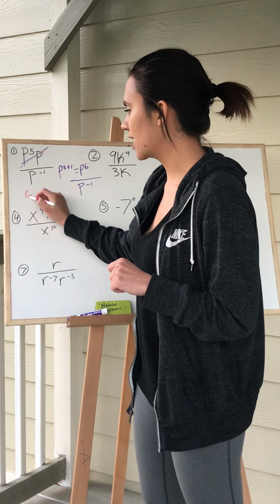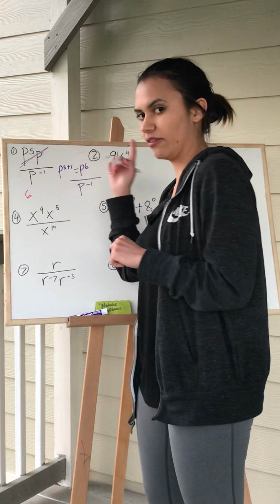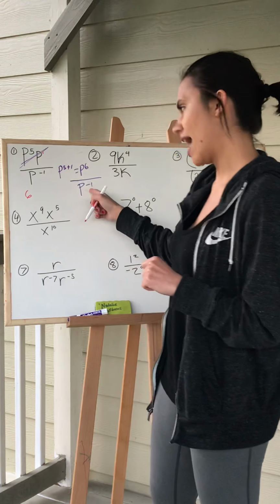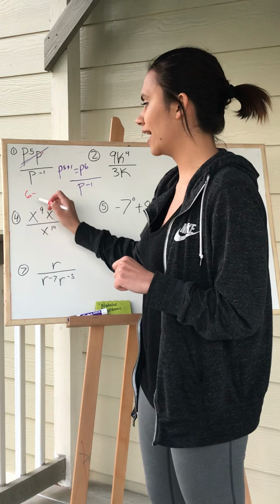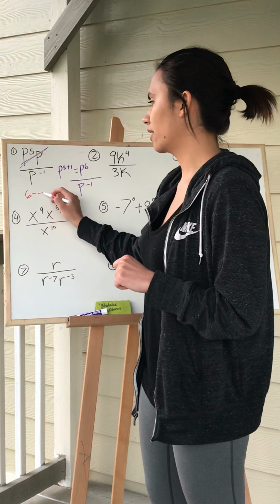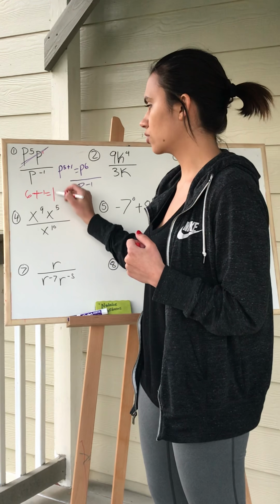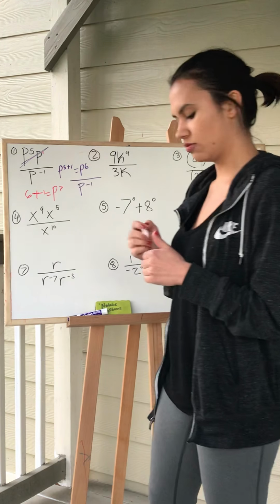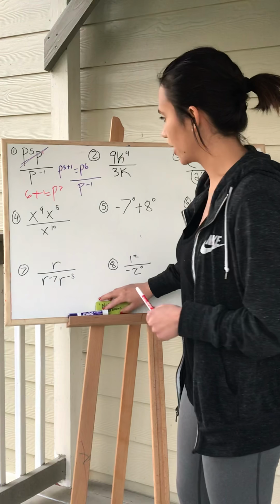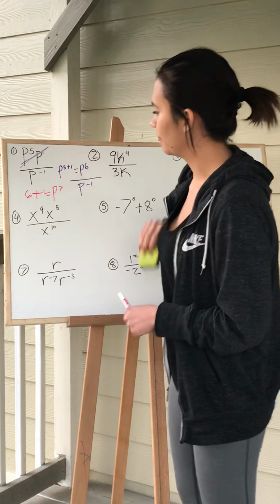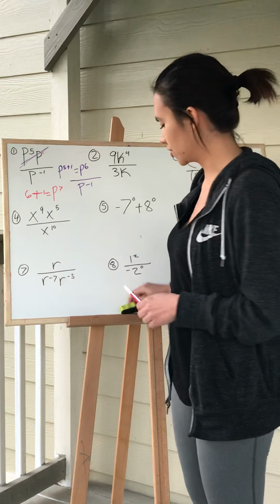Think of 6 minus negative 1, because we have a negative 1, so we still have to subtract. Two negatives make a positive, so we really have 6 plus 1, which is p to the 7th. That is our answer, p to the 7th.